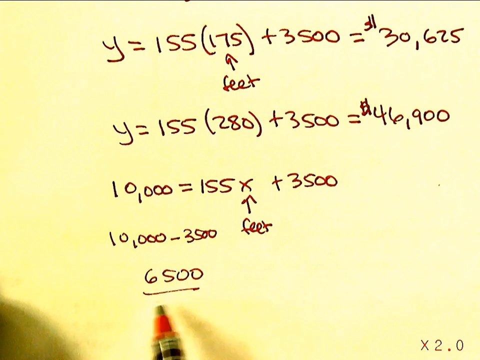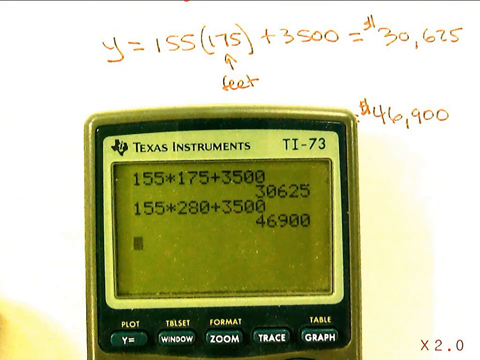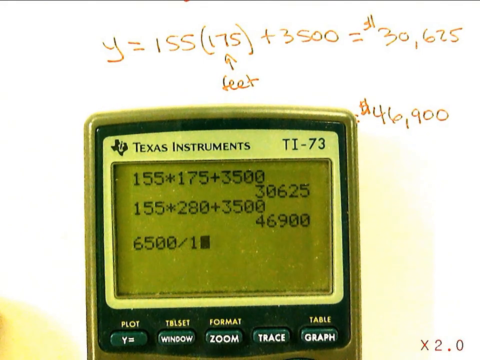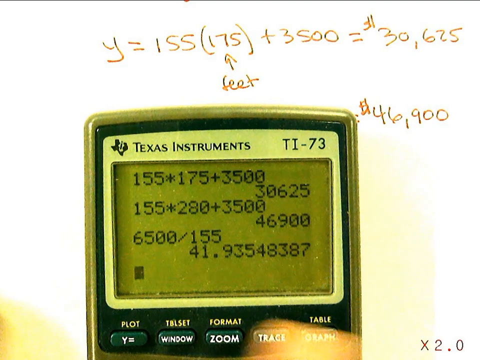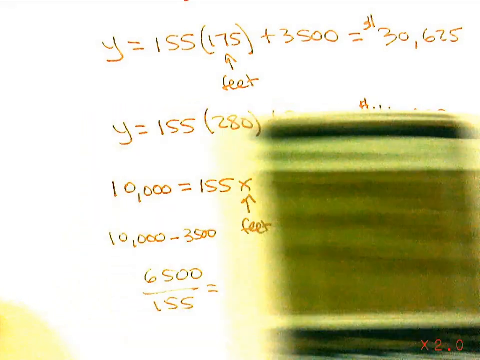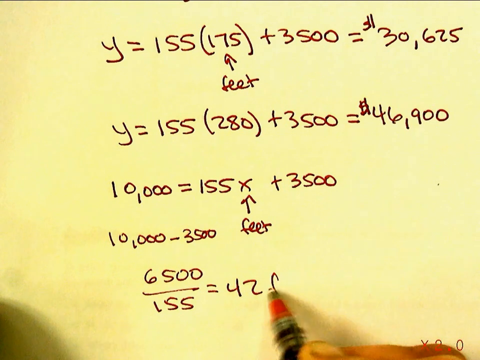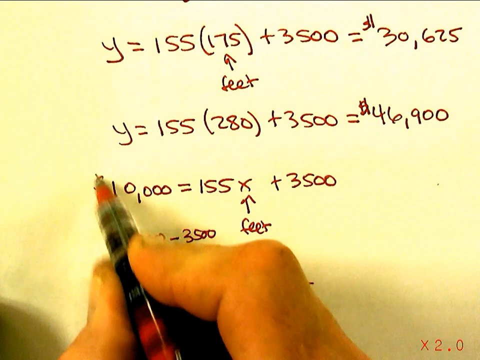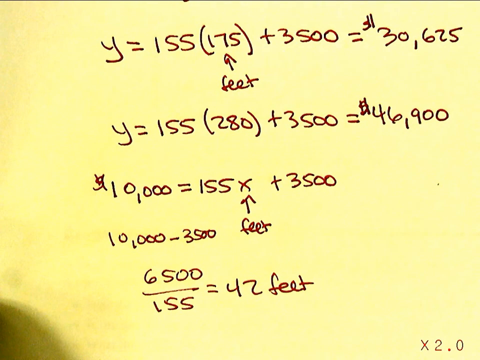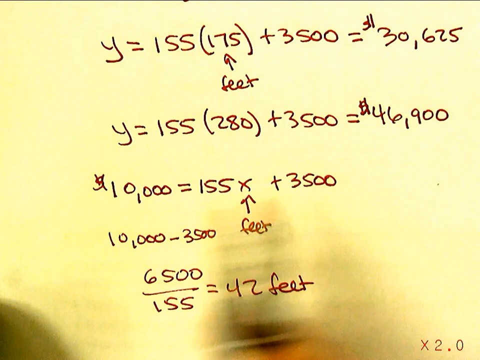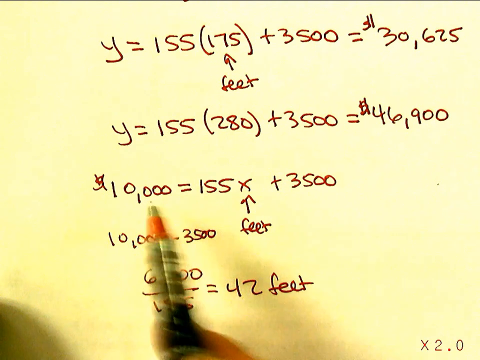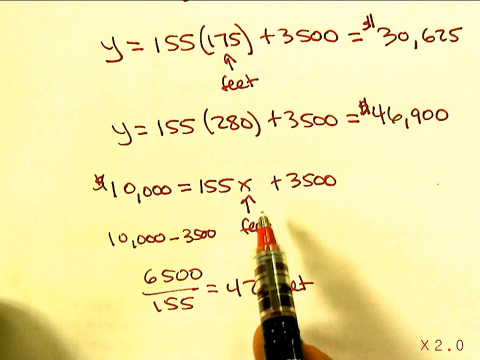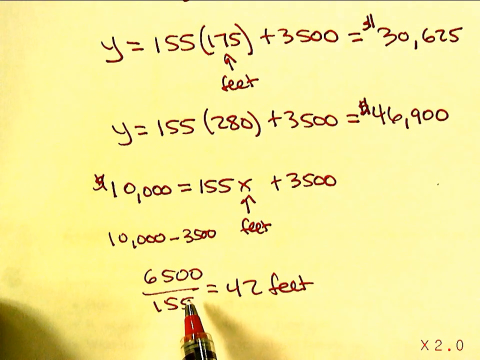So I divide the 6,500 by 155, and it looks like about 42 feet of bridge is all I get painted for $10,000. All I did was work backwards: take away that $3,500 you have to pay up front, and then divide by the $155 per foot. 6,500 divided by 155 is the 42 feet of bridge.